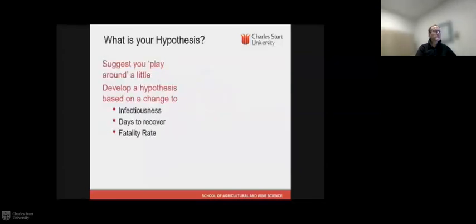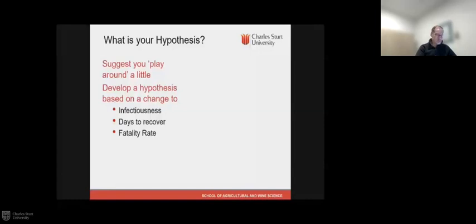So you've just come up with a good one, but this is where you should play around with it a little bit, because let's face it, you want to do something which you're actually going to see some results for. It's still valid science if nothing changes, don't get me wrong. But you're going to want to develop a hypothesis based on some sort of change. I suggest changing one of those only, but play around with it to see which one you want. You're not limited to that.